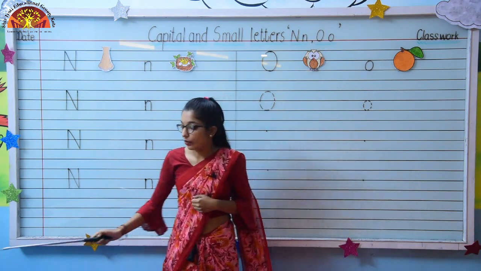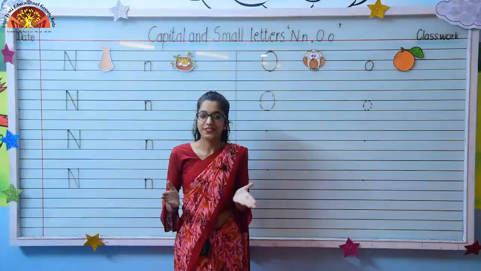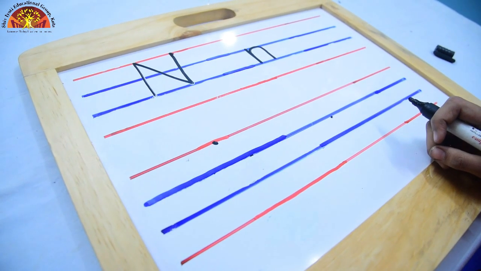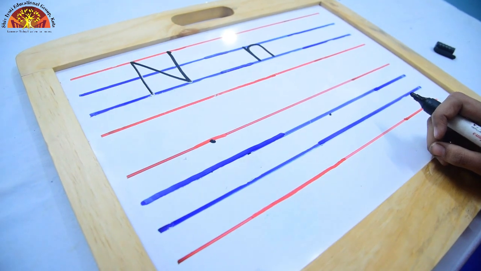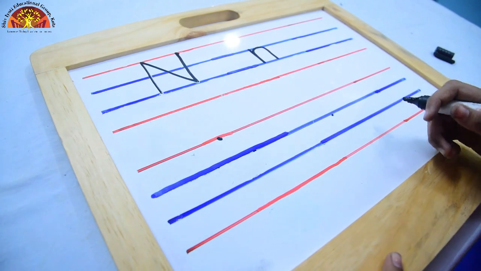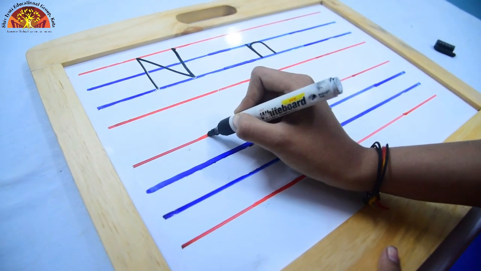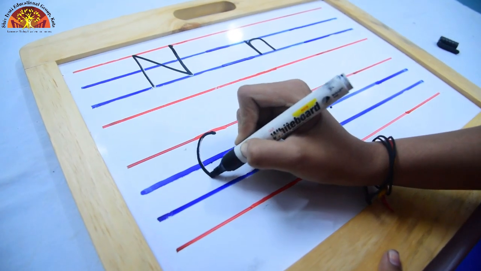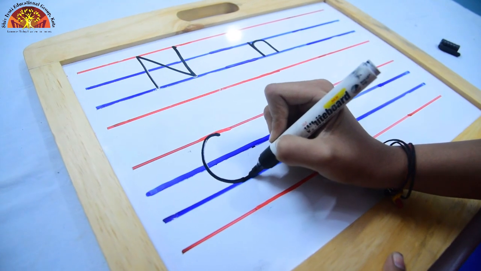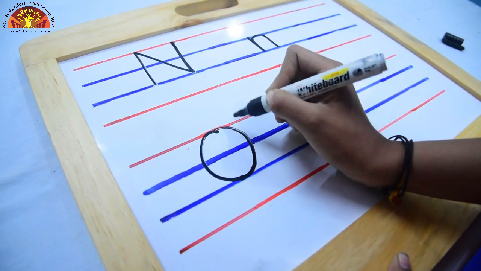Now we will write these letters on the small board. Let's write capital letter O. You have to write this letter in between these 3 lines only. Look here. Start from the first line, draw a long curve like this, then one more long curve and join.